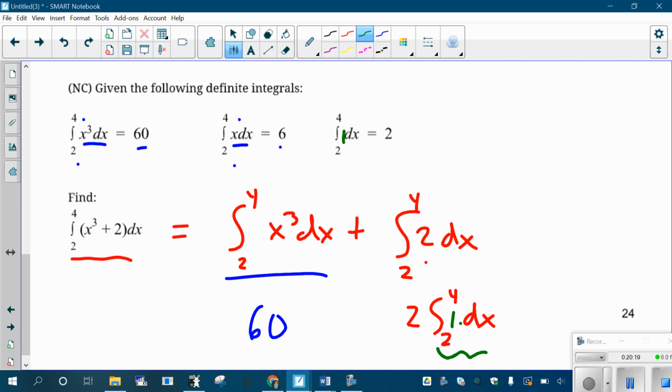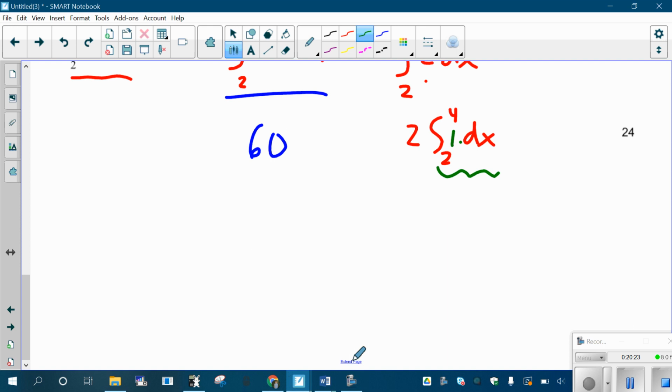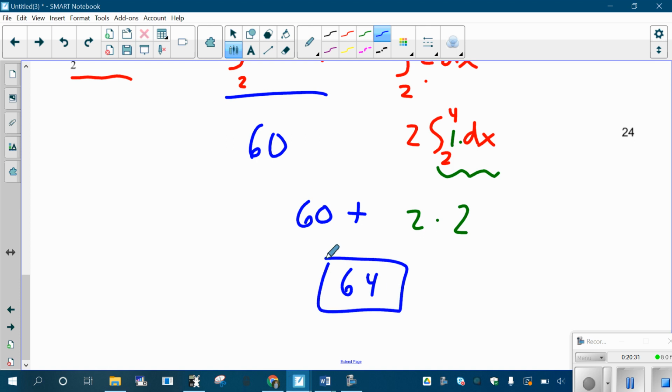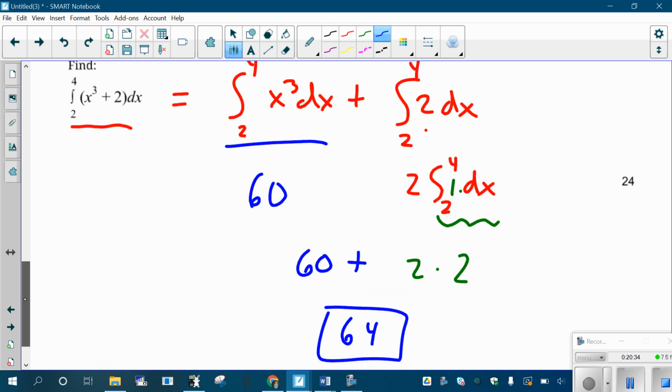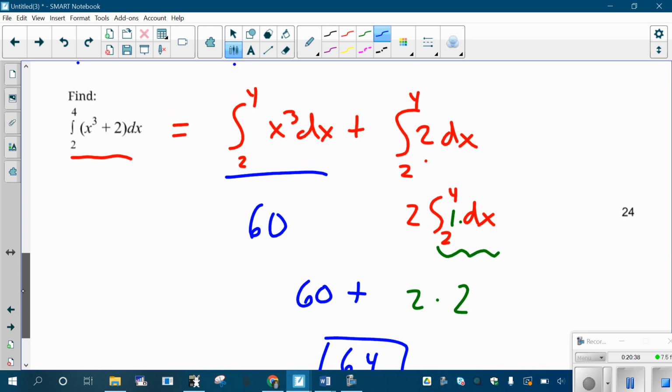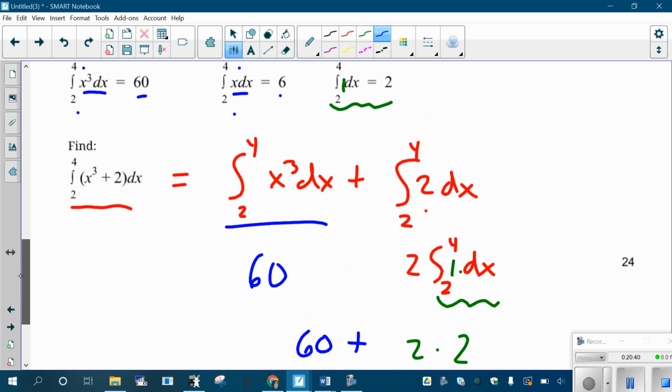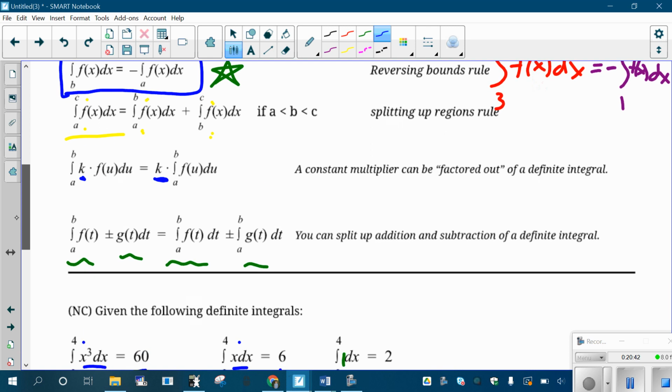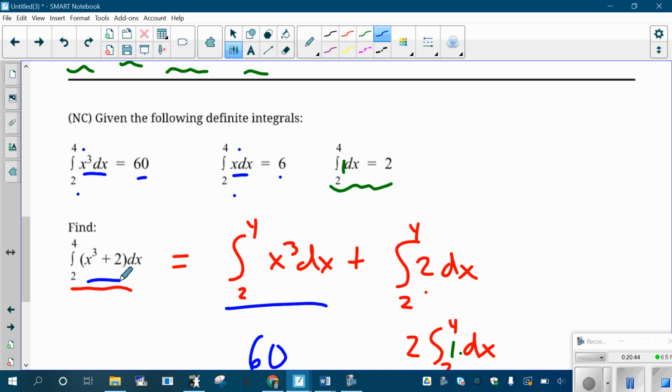This, they tell me, has a value of 2. And so overall, this area must have a value of 64. This definite integral must have a value of 64. Okay? I'm not actually looking at a graph and finding area under the curve. I'm just using these properties here and manipulating this based on the given information.